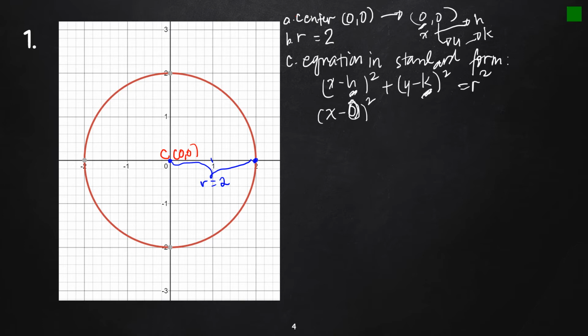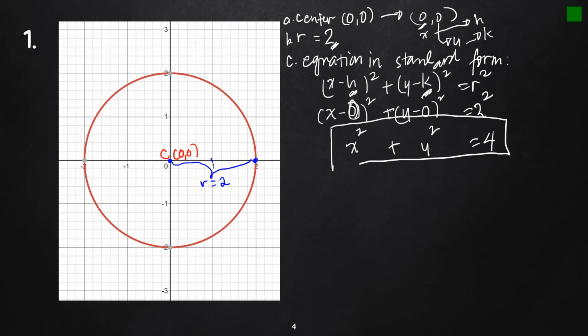Plus y minus our k, which is also 0, squared, equal to our r, which is 2, squared. Simplifying this, x minus 0 is just x squared plus y minus 0 is y squared equal to 4. And this is the equation of our circle in standard form.